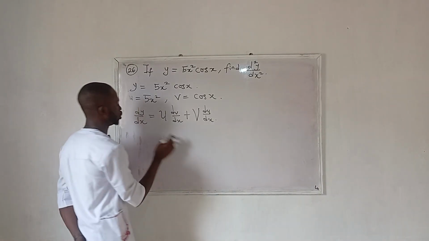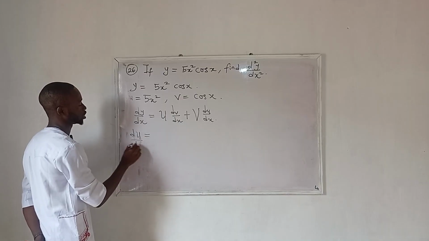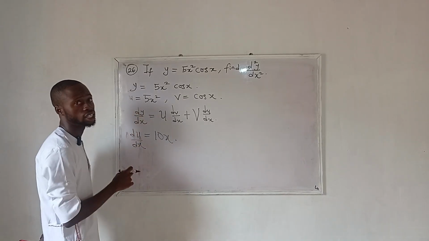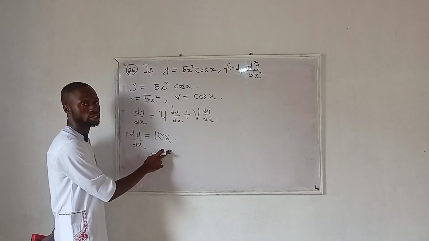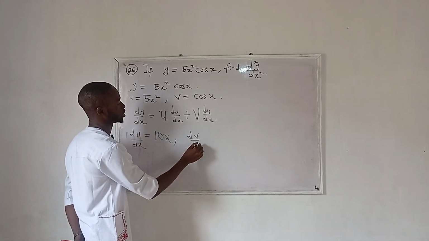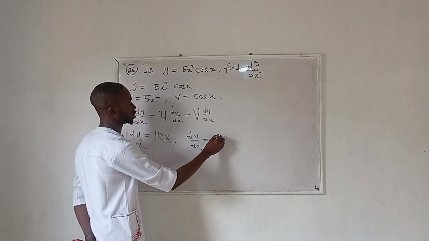So then I need to differentiate my u now. If I differentiate my u with respect to x, I'm going to get 10x, because 2 times 5 is 10, and if I deduct 1 from the power, I'll get 10x. The next one is dv over dx. When I differentiate cos x, I'll have minus sine x.